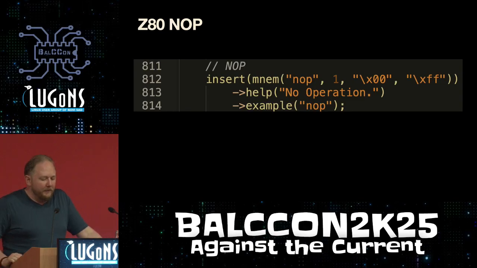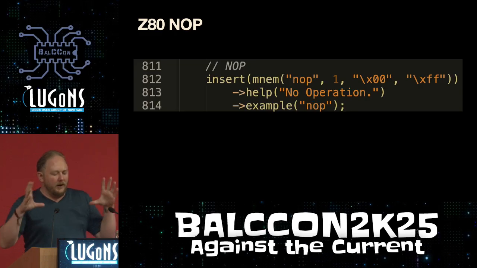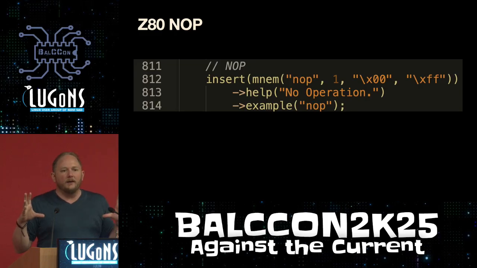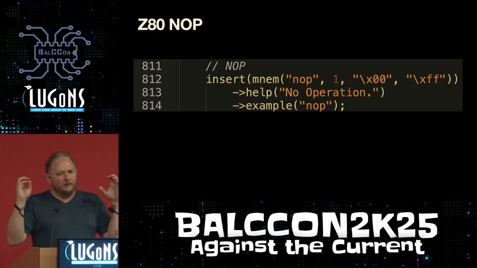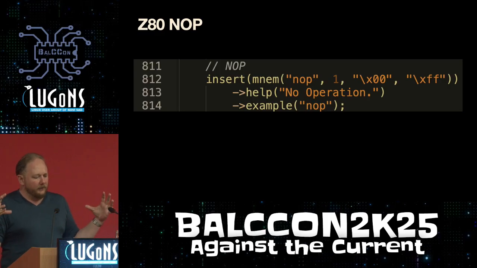This code is the example of the no-op instruction. For context, this is inside of a C++ class constructor, and there are a couple of preprocessor definitions to keep things short and sweet. The NNEM function is creating like the skeleton of our instruction.